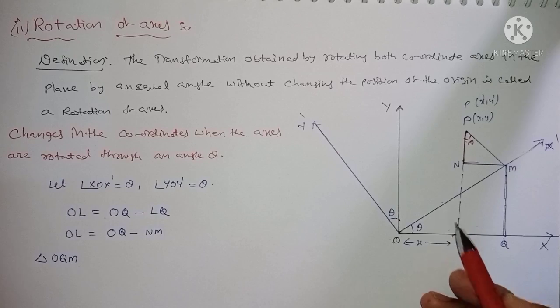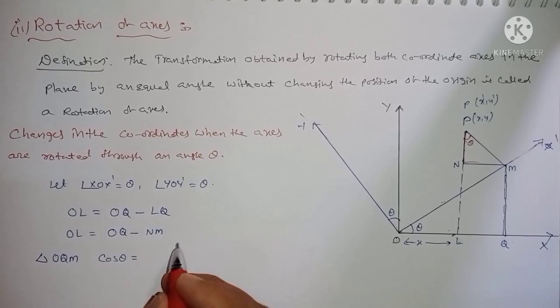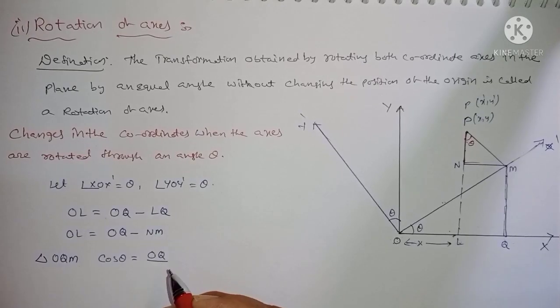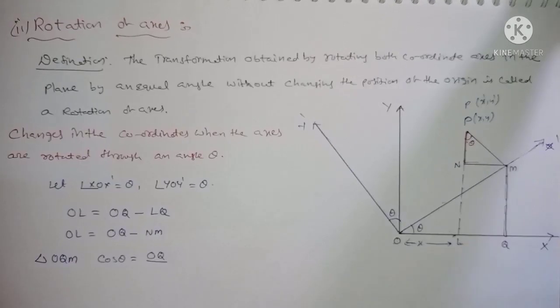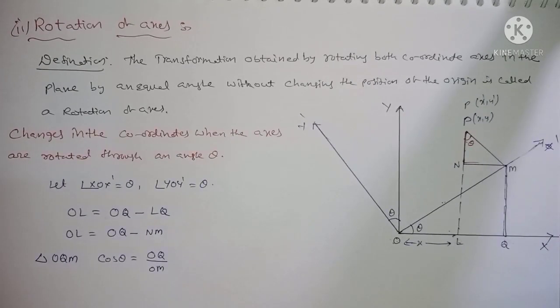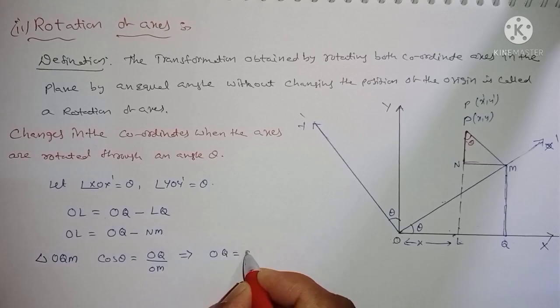What is the relation? cos theta is equal to OQ by OM. Clear? Therefore OQ is equal to OM cos theta.